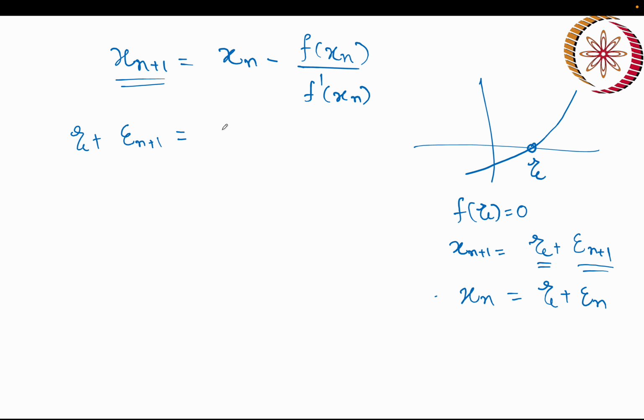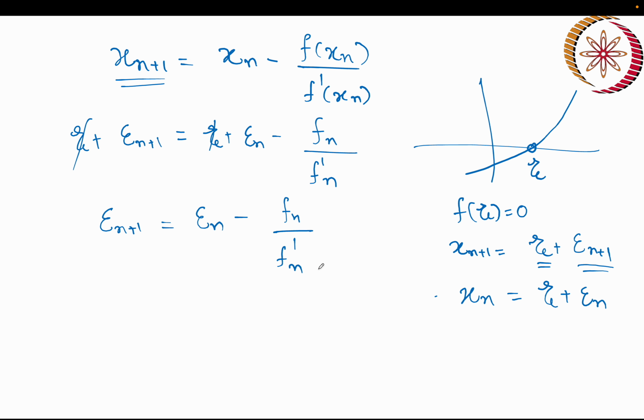If we substitute this here, xi plus epsilon n+1 is equal to xi plus epsilon n minus f_n by f dash n. The xi and xi get cancelled, so epsilon n+1 is equal to epsilon n minus f_n by f dash n.